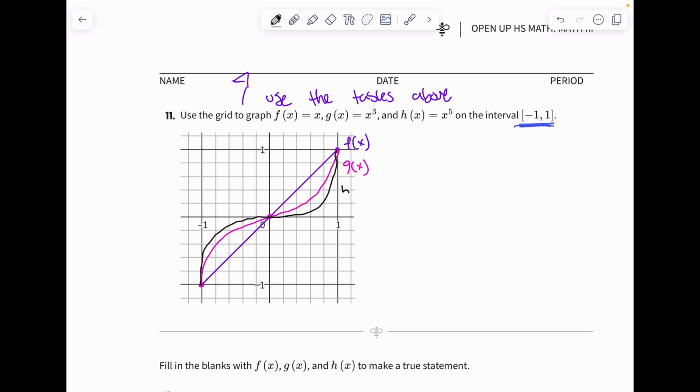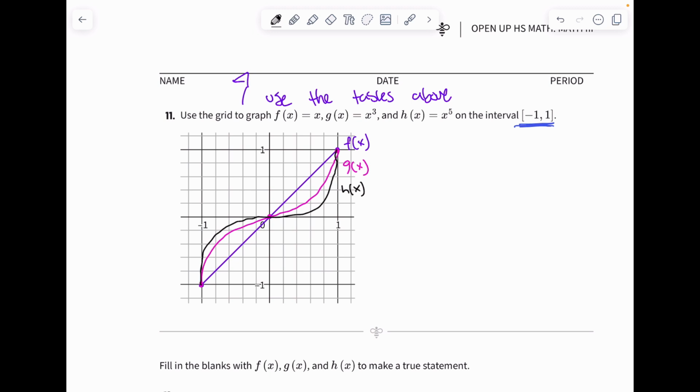This is h of x. I encourage you to think about this a little bit more. You can make a table of values that include fractions. I didn't really do that. I kind of just eyeballed it.